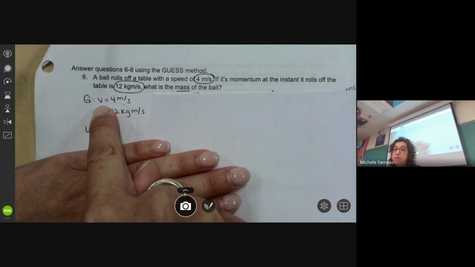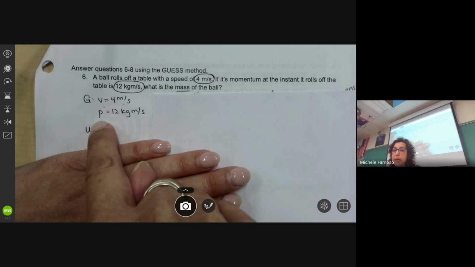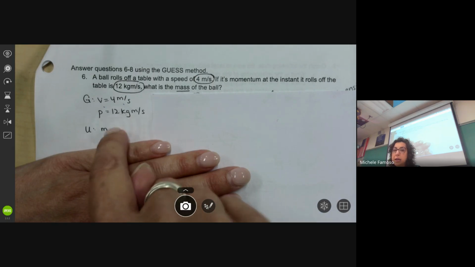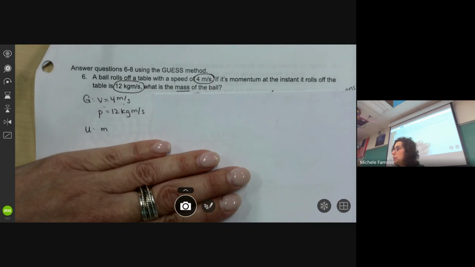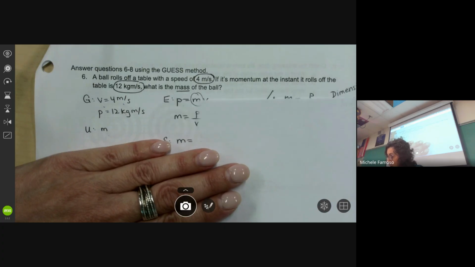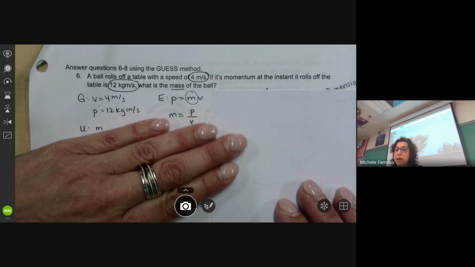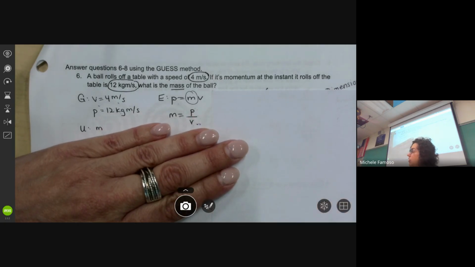So when we list our givens, we should have listed that v, a speed, is 4 meters per second, and p, which is momentum, is 12 kg m over s. The unknown is lowercase m. We look for the equation and we get the equation p equals mv. This one I have to do the algebraic manipulation of because it is not solved for m. So the equation for m is p over v.